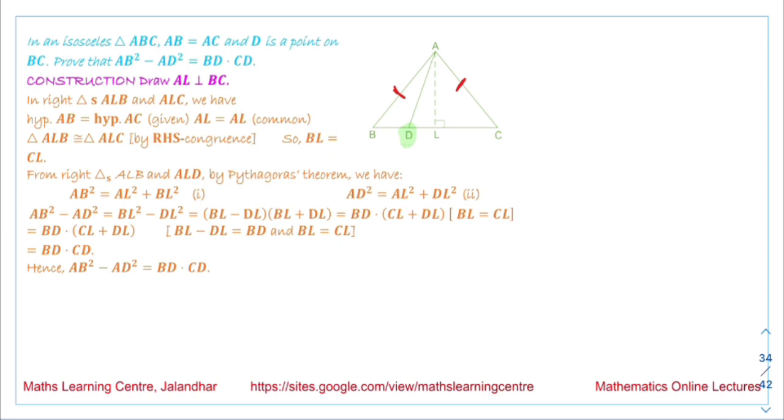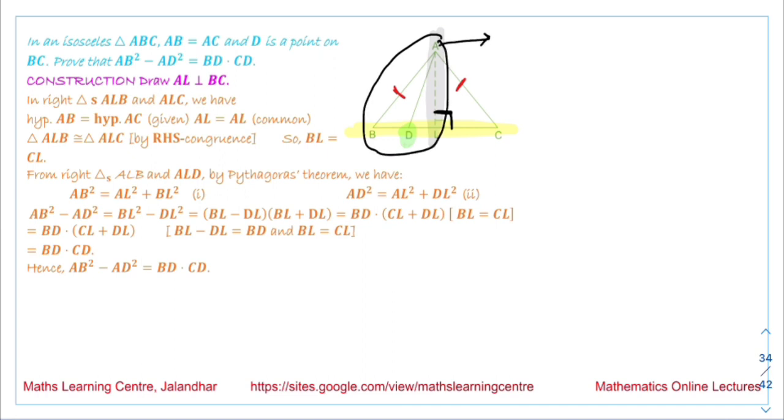To prove this, we have done a construction over here, and we have drawn this perpendicular AL on BC. So we are now considering the triangle ALB.